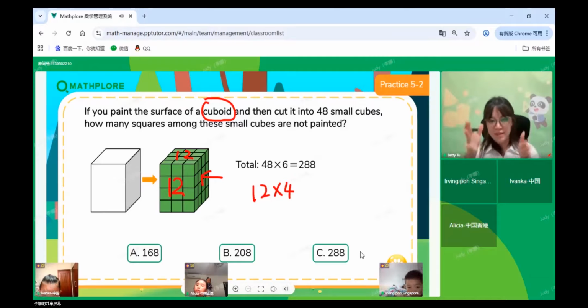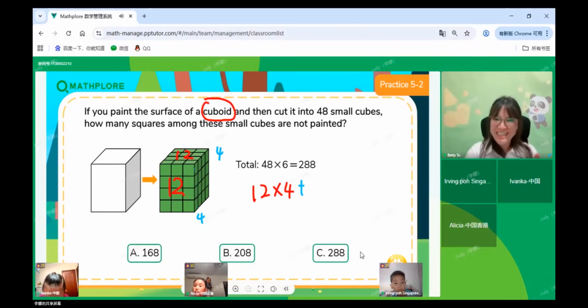Left and right. Okay, the right side. How many squares are there in the right side? Here 4 and here 4, right? 4 times 4 equals 16. Good, 16. So left side and right side are 16 each.